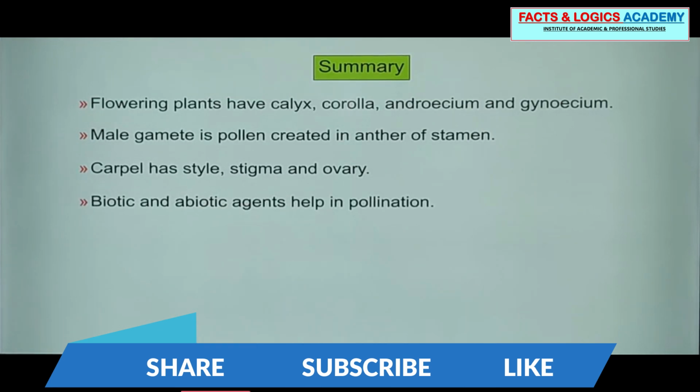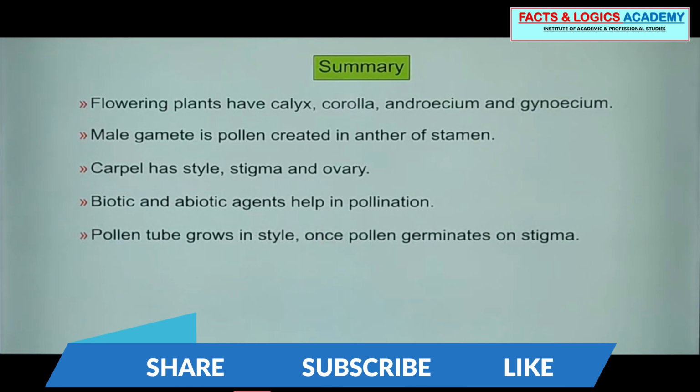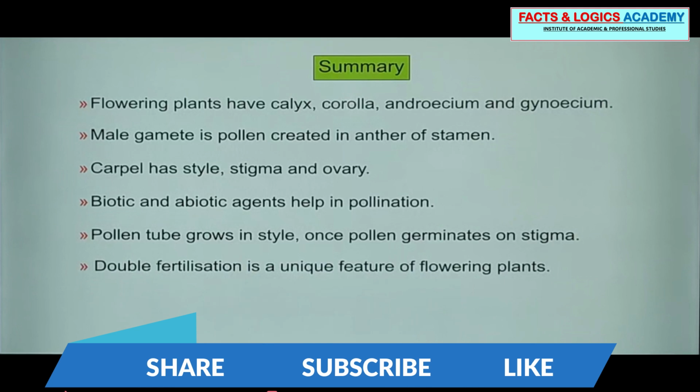Pollinators like bees or abiotic sources like wind and water aid in the process of pollination. Once the pollen grain has landed on the stigma, the pollen tube grows and the union of the sperm and egg cell takes place. Flowering plants exhibit a unique feature of double fertilization.